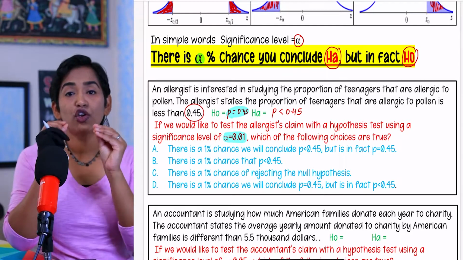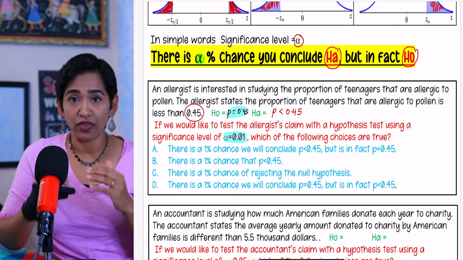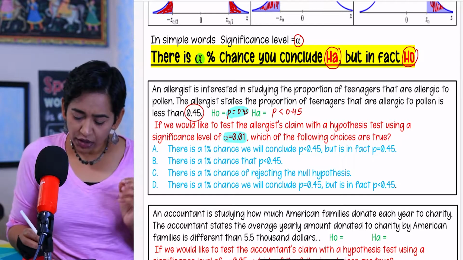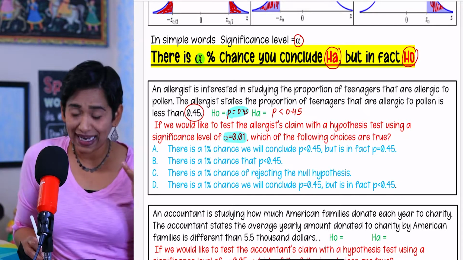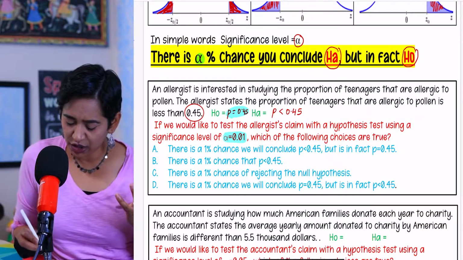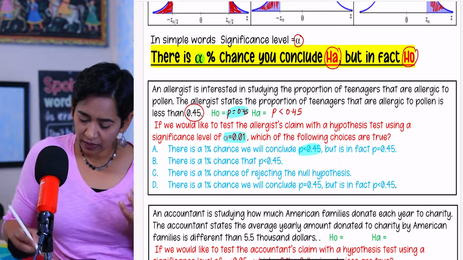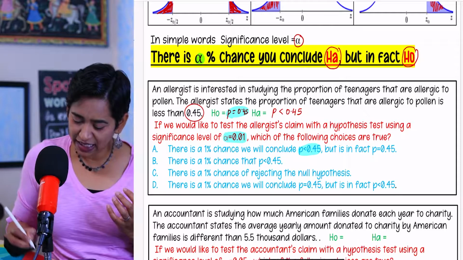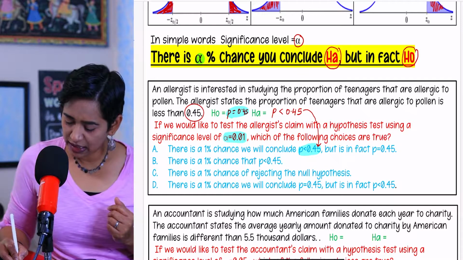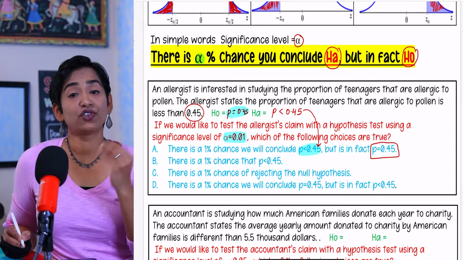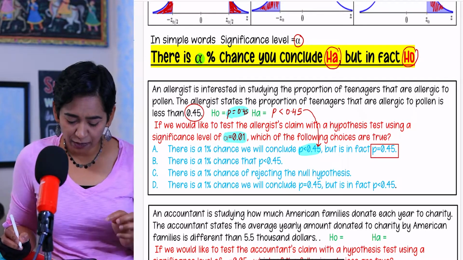Now let's go ahead and look for these key terms in the options. So my alpha, there is 1% chance that we conclude, yes, HA. Remember, this is my HA. The proportion is less than 0.5, but in fact, this is my H naught, 0.45. So that's the first option.